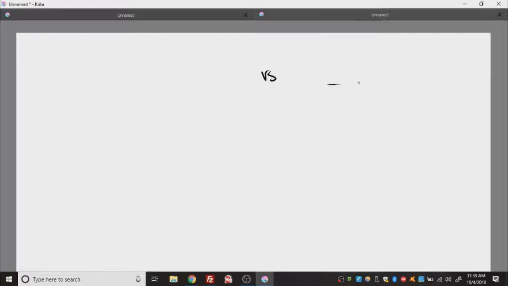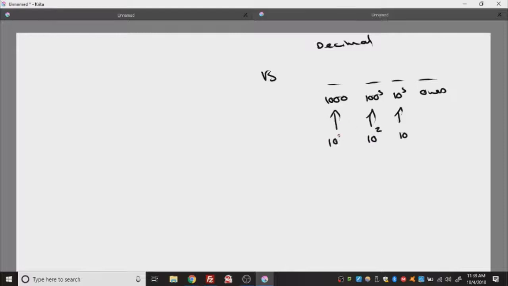So if I have 4 places, decimal, I would count ones, tens, then hundreds, then thousands. That 100 is 10 squared. That 1,000 is times another 10, 10 cubed. So these are increasing powers of 10 as the group size in the decimal numbers.